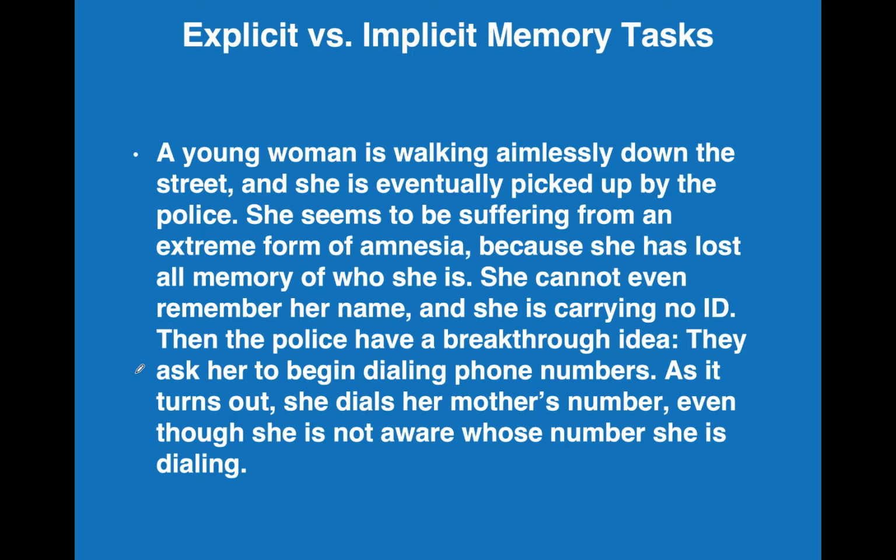A woman with amnesia dialing a phone number was a test of implicit memory. Implicit memory shows the effect of previous experience that creeps out automatically when you are not making any conscious effort to remember the past.